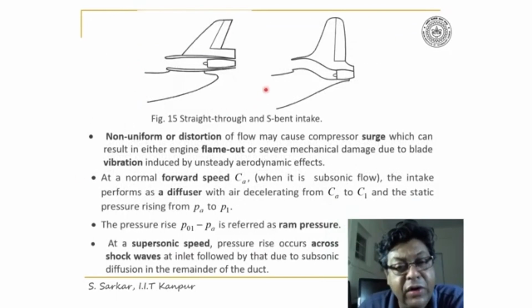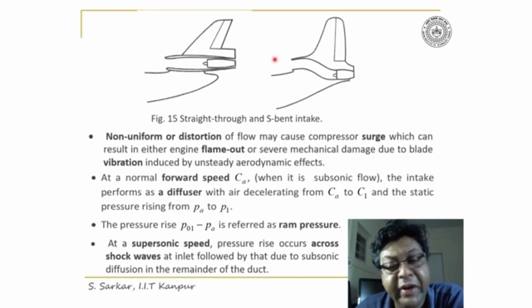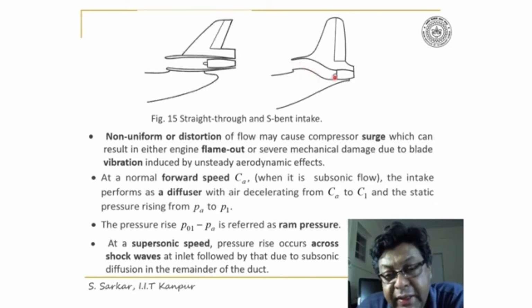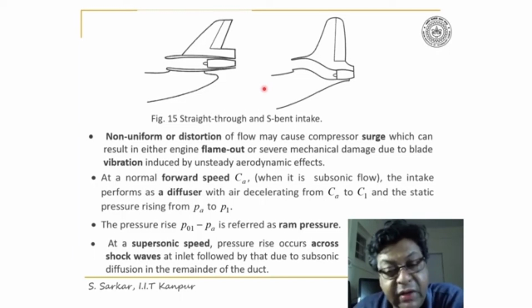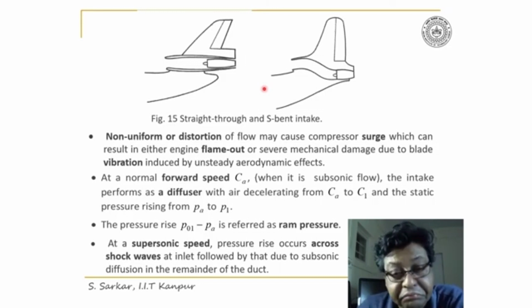The schematic of a straight and S-bend intake has been illustrated in figure 15. Now, an S-bend intake often produces flow distortions before the compressor, which is not desirable at all.